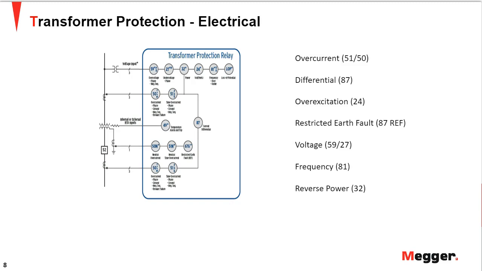There are more which you would use to protect your transformer, like overcurrents 51 and 50, your time overcurrent and instantaneous overcurrent, differential 87, and then overexcitation, the 24, restricted earth fault, and the voltage, frequency, and power elements as well. And there are more as well. So this is a single microprocessor relay having all these functions in one relay that you could use. And you might have seen in your substations on your panel where we have multiple electromechanical relays, one each for each of these functions that are used. So depending on what you have in your system, you'll be working with those.